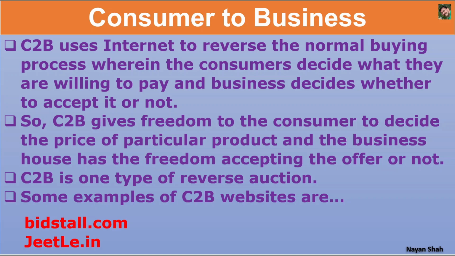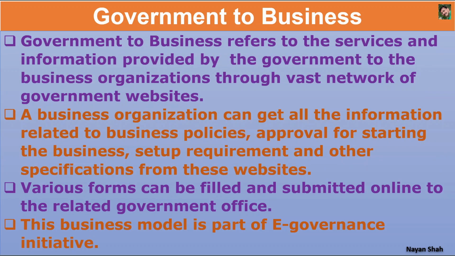Now, as we discussed, if we consider government also as part of e-commerce, then there are three models: government to business, government to citizen, and government to government. The first one, G2B.